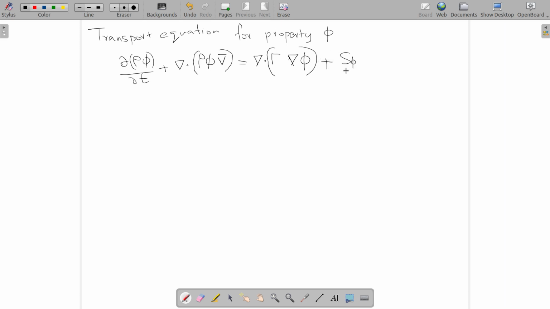and S phi is the source term. So if we write down what each of these terms mean, so del phi by del t is the usual term which we are already familiar with. It is the rate of increase of phi of the fluid element.